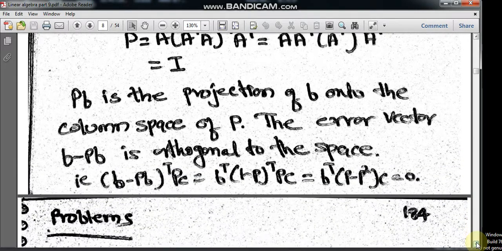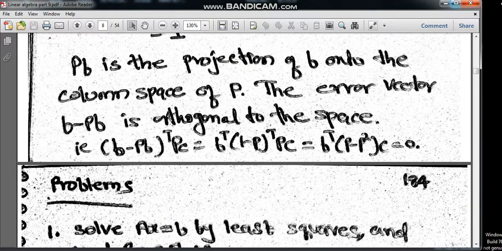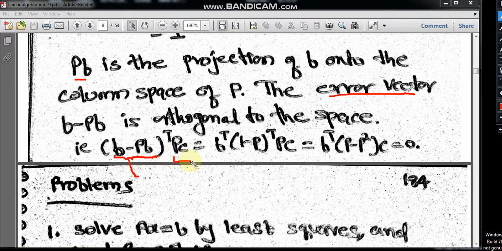And also you can note that Pb is the projection of b onto the column space, that is, the vector b is projected. We call it Pb. When you have this Pb and the error vector, both are orthogonal to each other. So you can check here b minus Pb for orthogonality. One vector is transposed and multiplied with another vector in the column space, that is Pc. If I take b outside because b is common to both, you have b transpose (1 minus P transpose) into Pc.